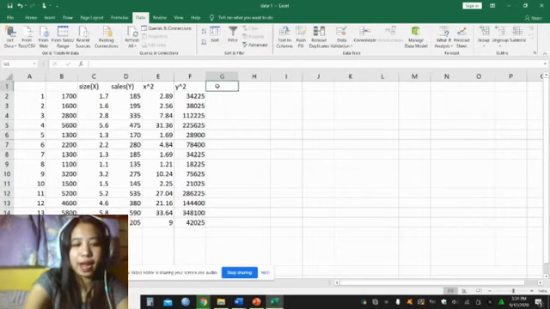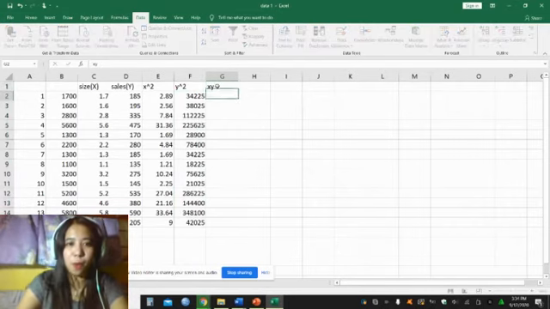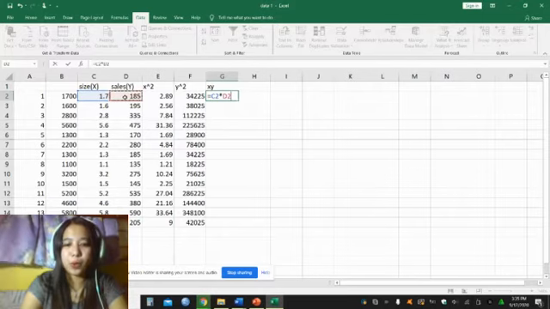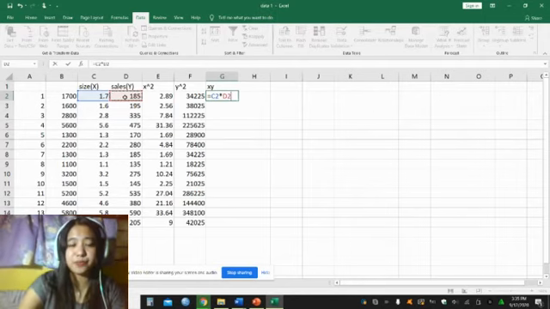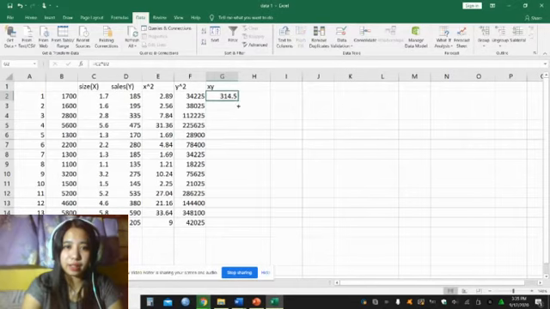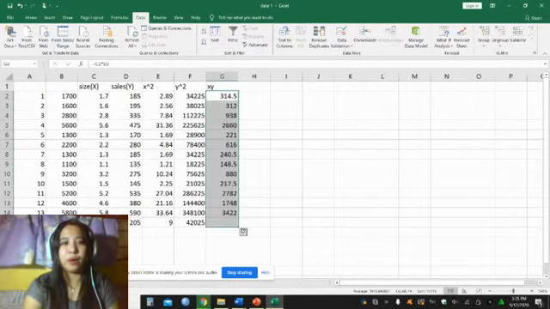Then after that, let us also compute for XY. So equal sign, just select your X. Asterisk is multiplication, select your Y, and then click enter. Do not, of course, forget to place the equal sign because this is a formula. Then enter and drag it down.